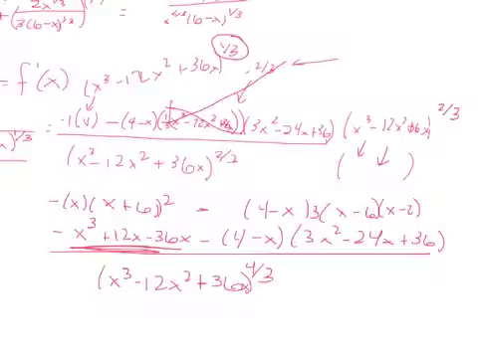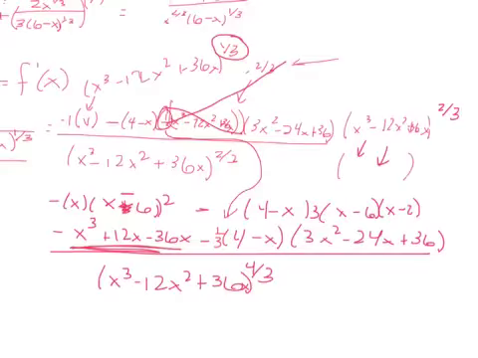Our very simple error is right here. That should not be a plus, it should be a minus. And now that that's a minus, this is going to actually make it a little bit easier, because now I can factor out of everything an x minus 6 if I would like to. As was just noticed, there was a 1/3 here that I just circled, so we put it right there.